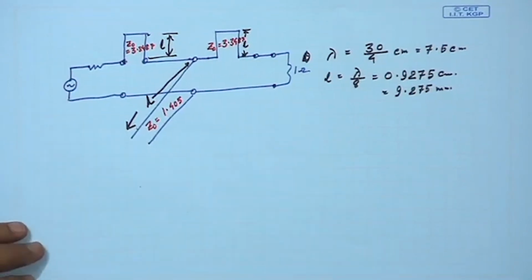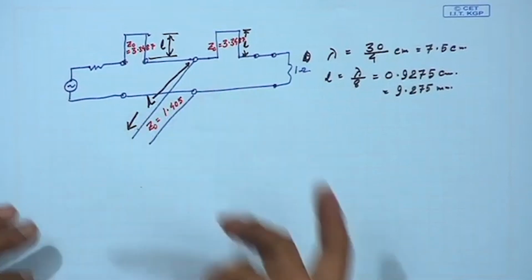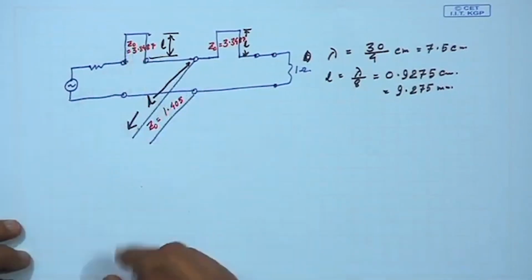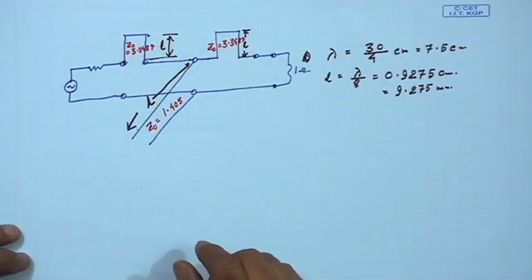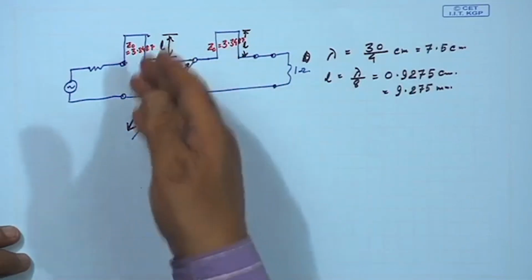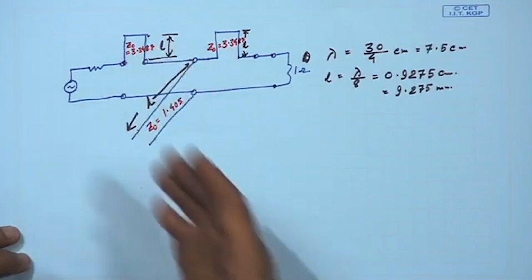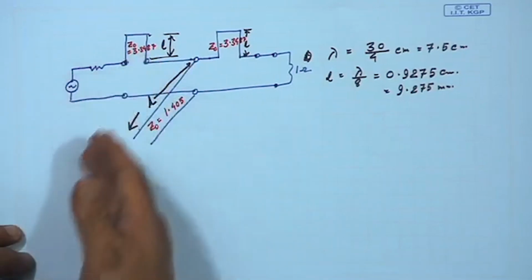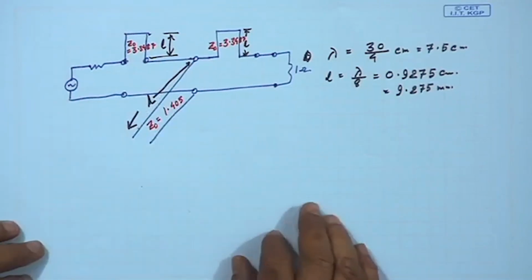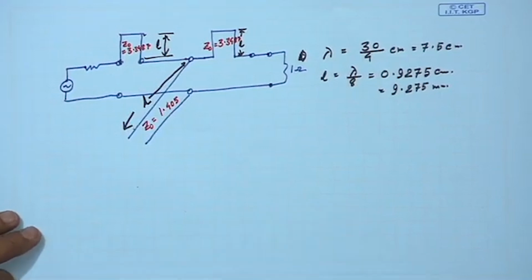Now this is after the Richards transformation. Now, if it can be implemented, okay, but if we think, why don't we have a uniform type of shunt elements, because making shunt stubs is easier than making series stubs.